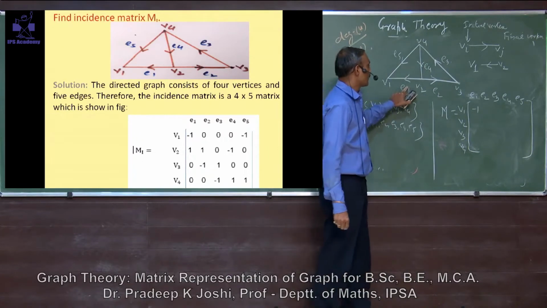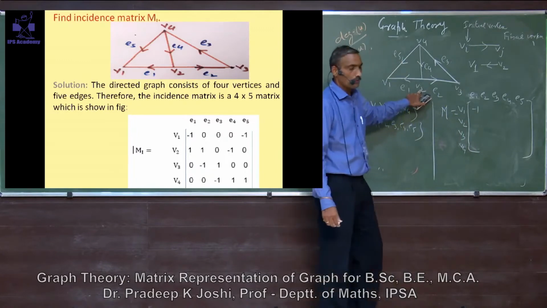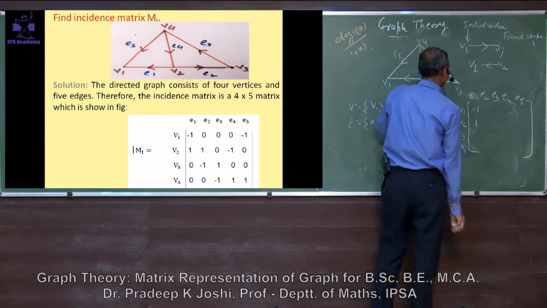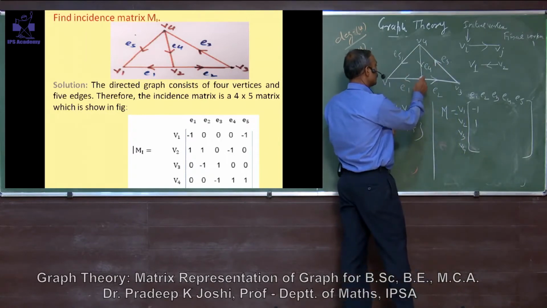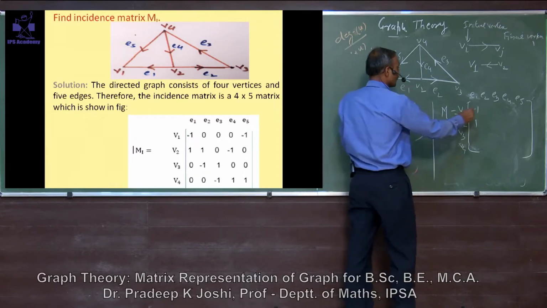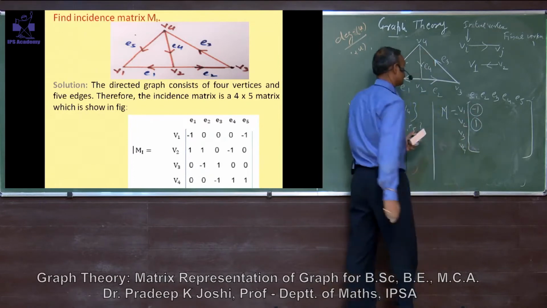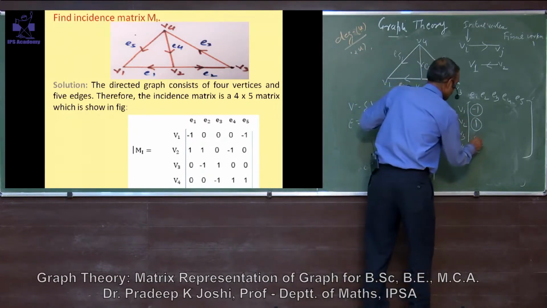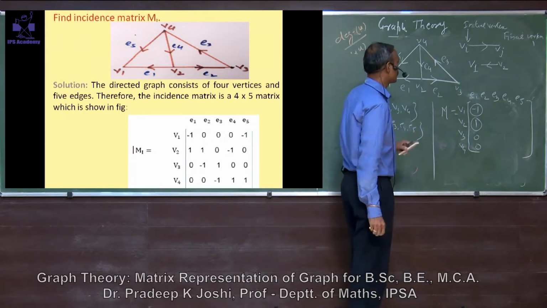Now for V2 it will be +1. Why? Because for E1, V2 is the initial vertex and V1 is the final vertex. So in the first column, this is -1 and this is 1. Now E1 is not incident on V3 and V4, so we put 0, 0.